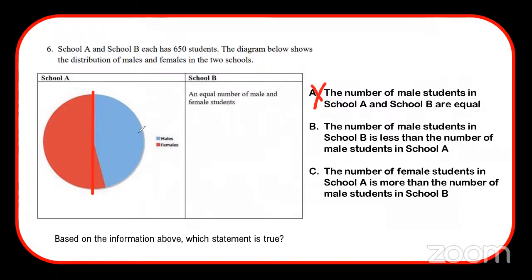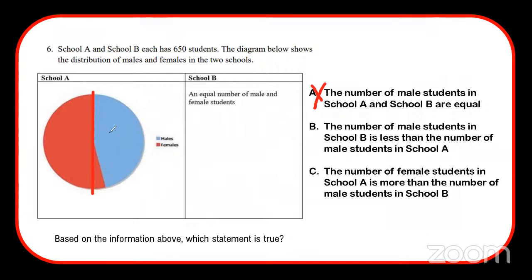In school A, if you look, more than half of the population are females and less than half are male. At school B, it says an equal number of male and female students are there. That means we have more male students at school B than there are at school A.